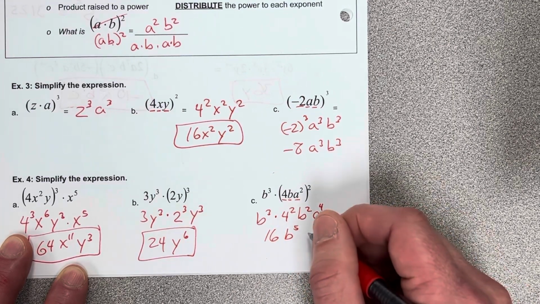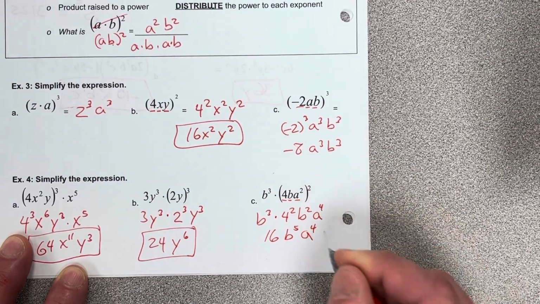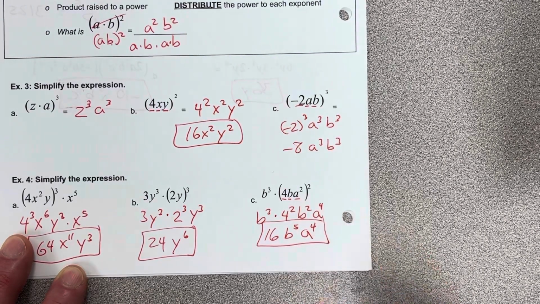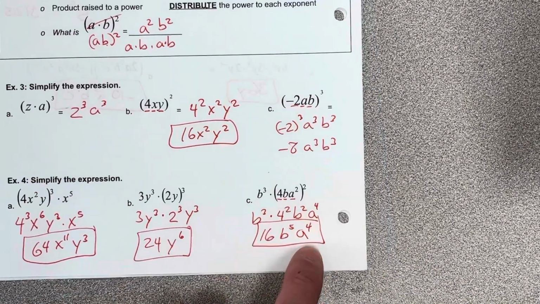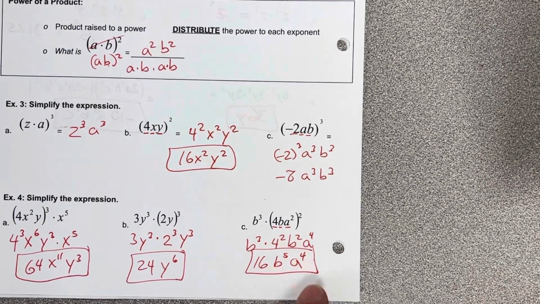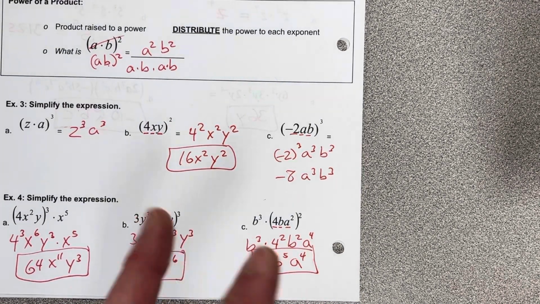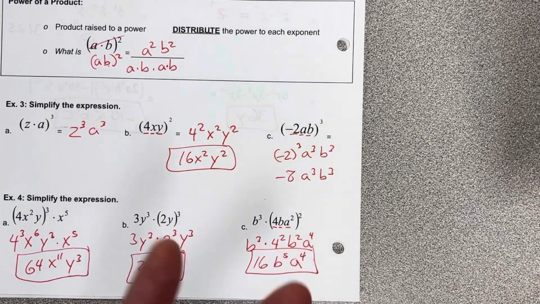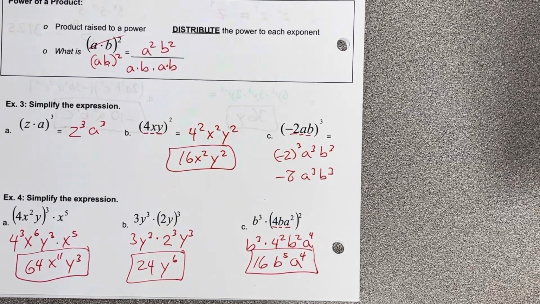B to the 5th, a to the 4th. And somebody asked me the other day, don't you have to have the a before the b? That's pretty common that people do that, but there's no rule about that, so we're fine. If you want to swap them, multiplication has the commutative property, which means the order you multiply them doesn't matter, so you could flip that around if you'd rather.